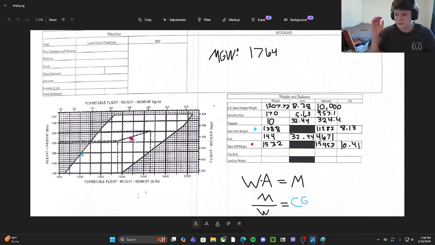But we know that however much we burn will also change our weight, because again, each gallon of fuel is 6.01 pounds, like we just talked about. And then we know that we burn about 6 gallons an hour in our plane. So that's important for us to know.